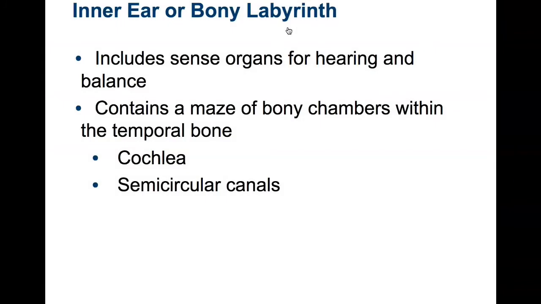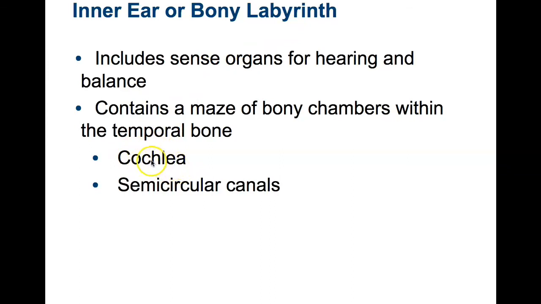Last but not least, once that gets to the stapes and it touches the inner ear, that's where it's processed. And this is also where our sense of balance, the organ for balance, is located. So it's made up of two different parts, this bony labyrinth. We have what's known as the cochlea. That's not Coachella, it's cochlea.